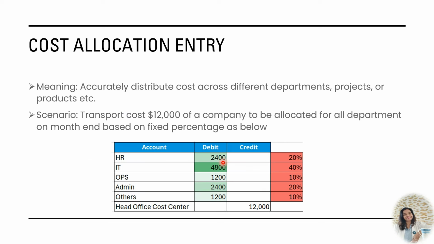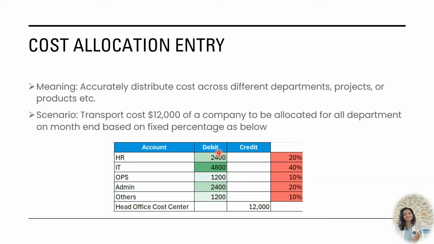The last entry we have is the cost allocation entry, where we talk about the allocation of a cost. Basically, you distribute the cost across multiple departments, projects and maybe multiple products.